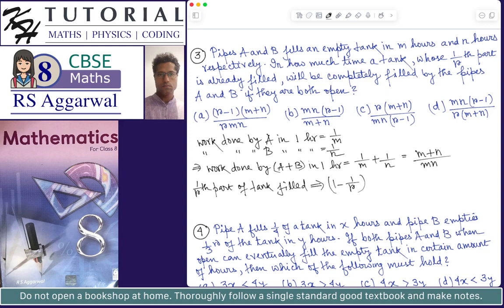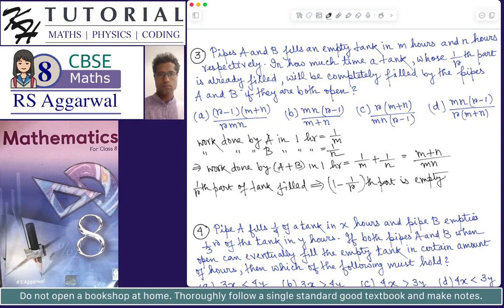We always consider the whole tank or cistern as 1. And this part we have to find how much time pipes A and B will take to fill, that is 1 minus 1 by rth part.